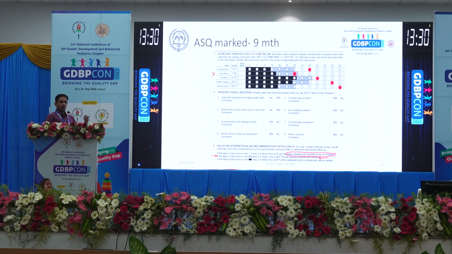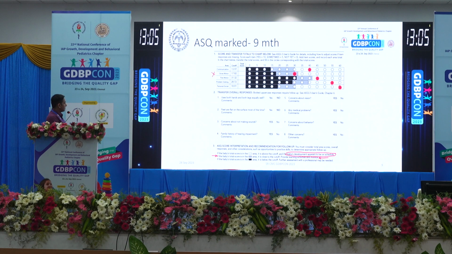Even in Denver, you will be able to get a pass or fail and a concern. In the ages and stages questionnaire also you get 3 categories. And the advantage in using these 2 tools is that, both in Denver as well as in ages and stages questionnaire, you get something called developmental stimulation activities. Age appropriate developmental stimulation activities are provided.